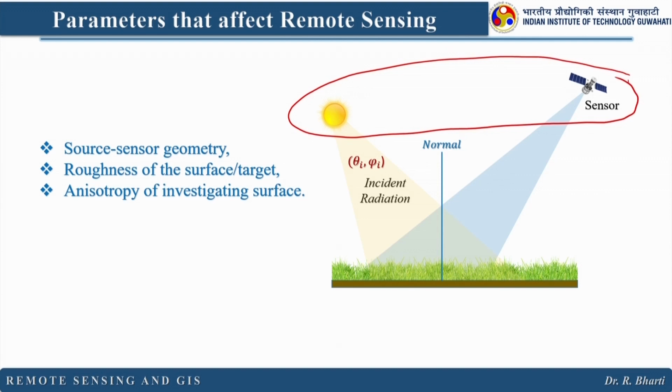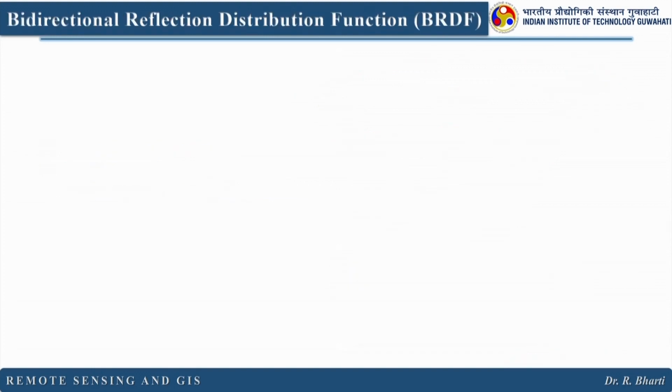What happens if it gets changed, if it moves from here to here? We have already discussed, if the surface has some roughness and a characteristic that it will reflect more in this direction, then if your sensor is here, your image or that pixel will be brighter, right. This is what I wanted to highlight here.